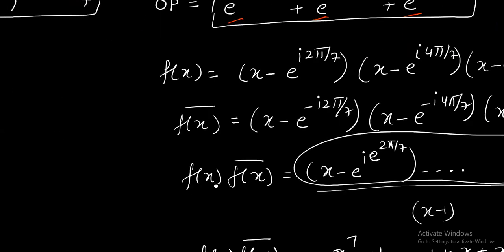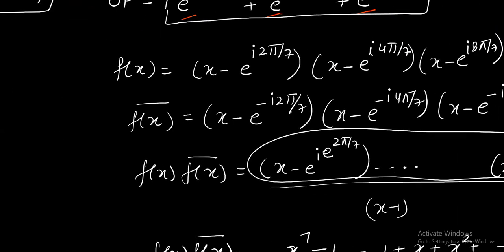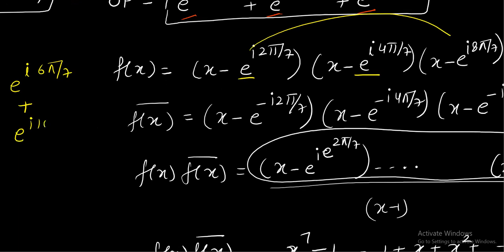So let me show it to you. Coefficient of x के लिए एक तो आएगा इन दोनों का product, यानी it will become e^(iota 6π/7) plus the product of these two, which will give me e^(iota 10π/7), and then I will have the product of these two, which will be e^(iota 12π/7).